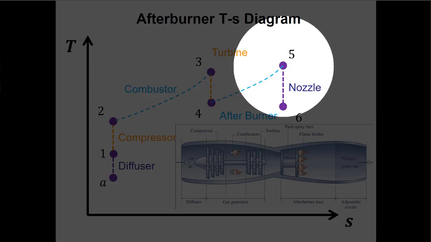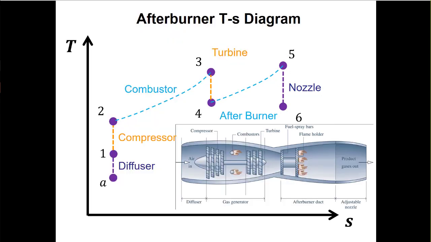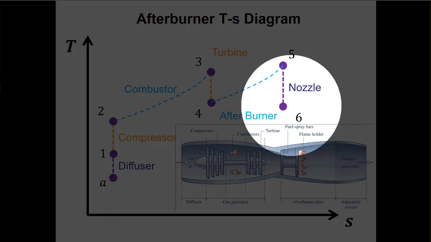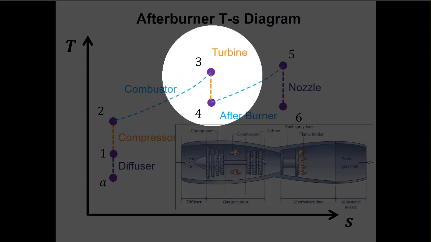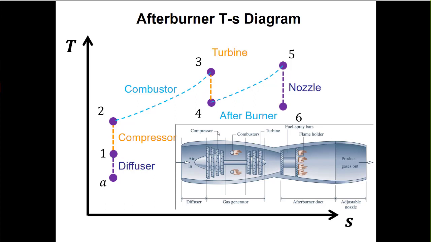Once I knew the temperature at state 5, I could go isentropically down to state 6. And this would have a higher velocity than if we went straight from 4 down to whatever the other state would be, I guess 5 prime, basically what the velocity would be if we weren't using the afterburner.